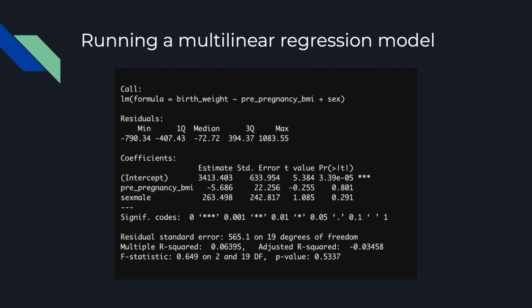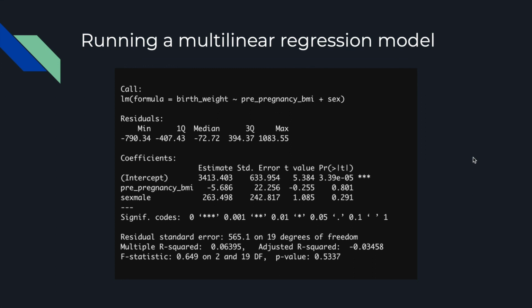In this case, since we have sex male here, we know our reference level is female. And it appears, like we had noted, that it is significant. We lose that significance when we're looking at pre-pregnancy BMI and sex male versus the birth weight in grams.